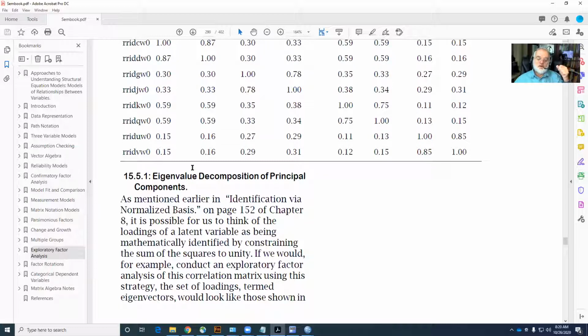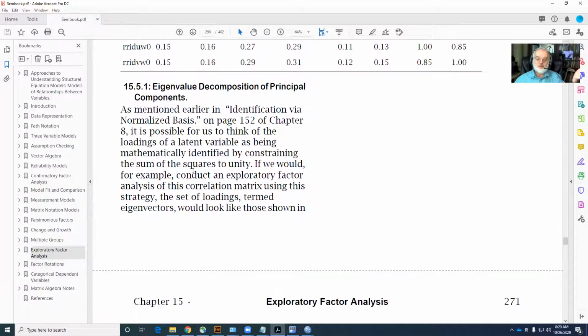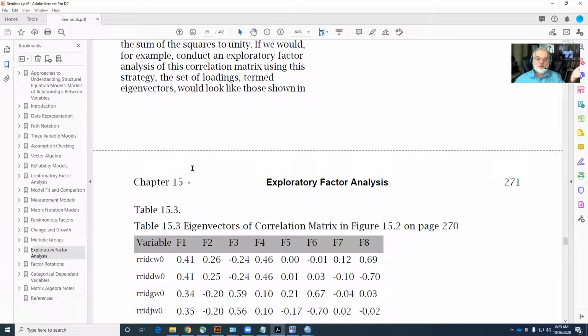So an eigenvector, remember, is the factor loading that would result if I constrain the factor loadings, the square of the factor loadings, to add up to 1. The factor variance is an eigenvalue. It corresponds to that identification strategy.